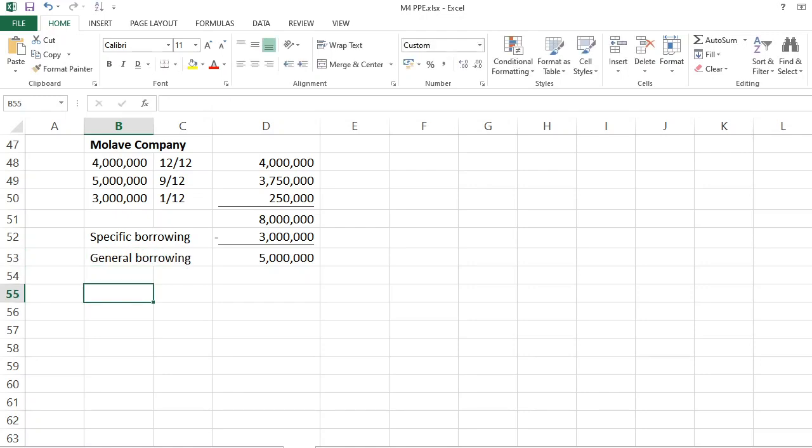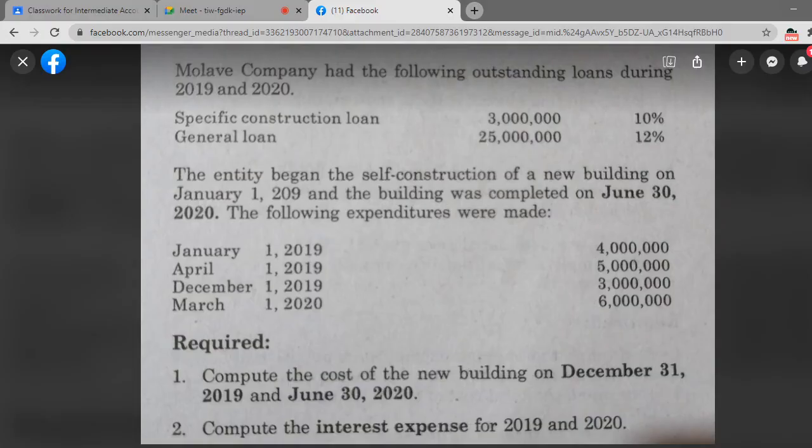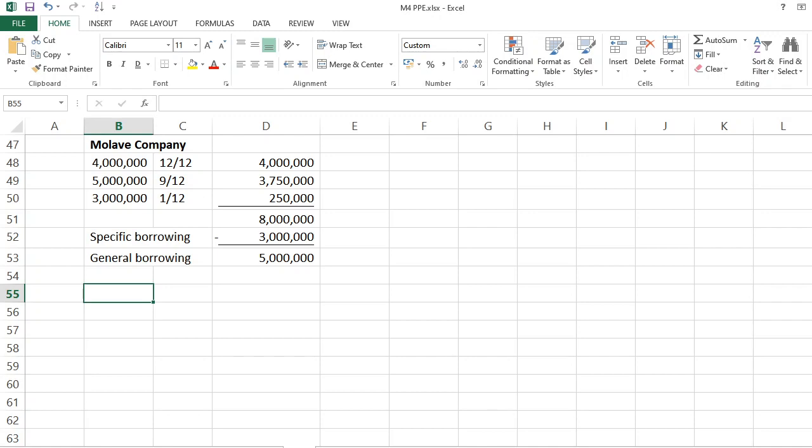So next, are we going to compute for the capitalization rate in this particular problem? So ganito, if you only have one general loan, huwag ka nang magsayang ng oras, diretso na yan, 12% based dun sa interest rate ng nag-iisang general loan. Kaya huwag na tayong mag-compute, diretso na tayo. So let's compute for the borrowing costs for 2019. So let's begin with our specific borrowing.